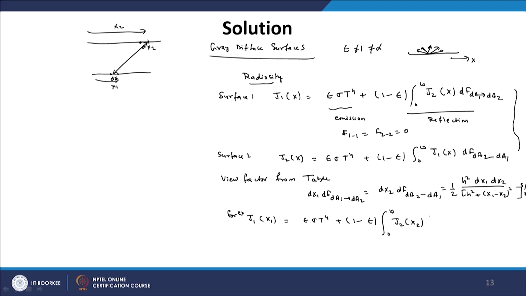Okay. So, dF dA1 to dA2 will be equal to h square by 2 times h square plus x1 minus x2 square power 3 by 2, and this will be dx2. Okay. So, as you see the integral is quite involved.